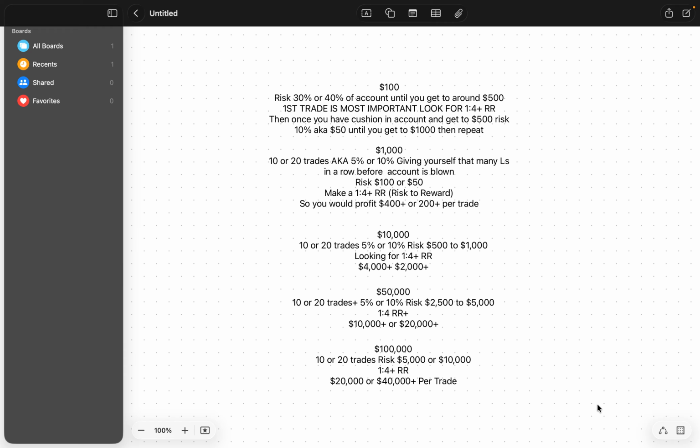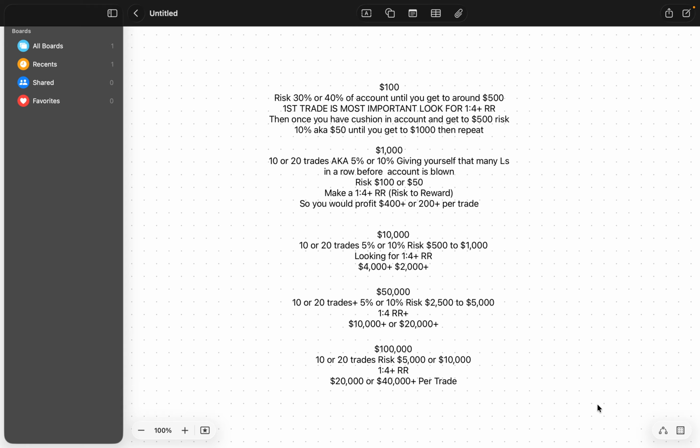You should have some cushion in your account so you can take some L's. Honestly, if you're taking 10, 20, 30 L's in a row, you're garbage. You should stop, put away the live account, switch back to a demo account and go back to the drawing board, because there's just no way you should be losing 3, 4, 5 times in a row if you know how to trade.